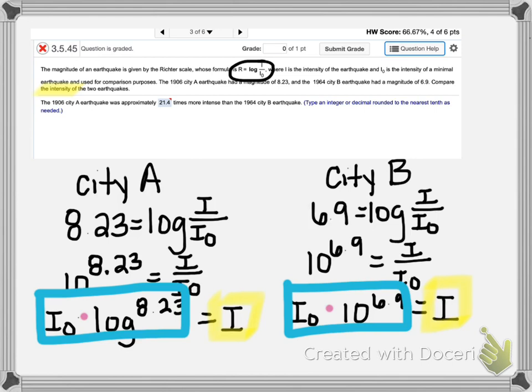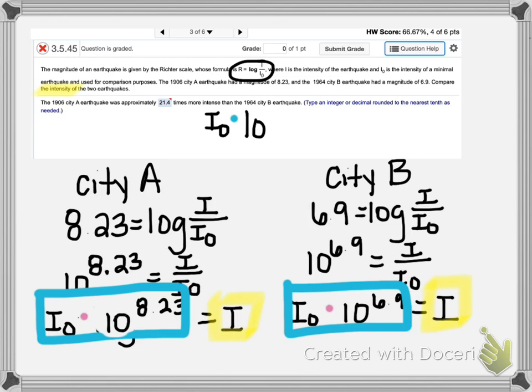Actually, I'm going to backtrack for a second because I realized that I put log here instead of 10. That was a mistake. Okay.